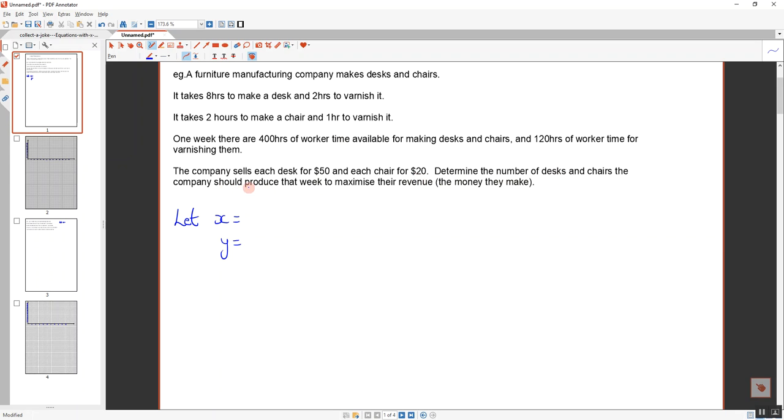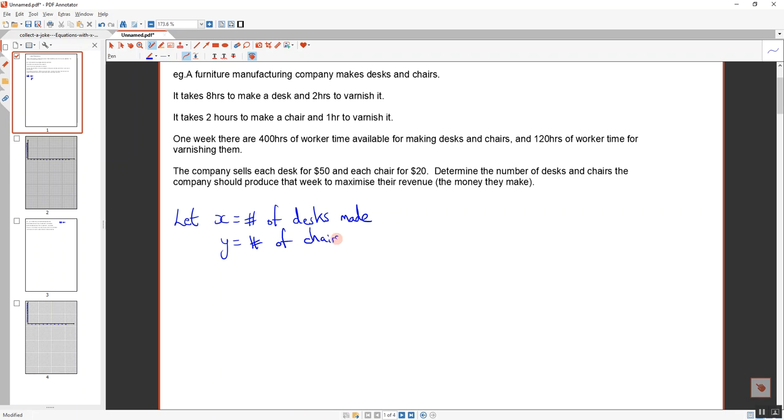So the question's asking about the number of desks that can be made and the number of chairs that can be made. So, thinking again then, what do you think we could let x equal? Number of chairs and desks made. Right, okay, so we can let x equal the number of desks first, and y can be the number of chairs made.